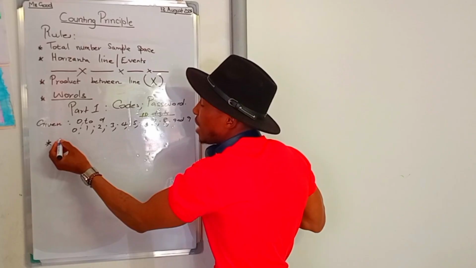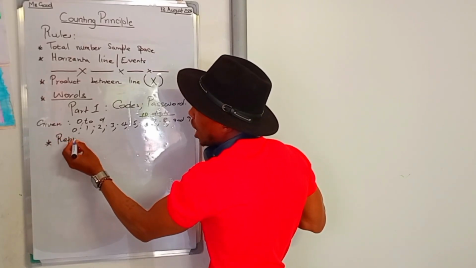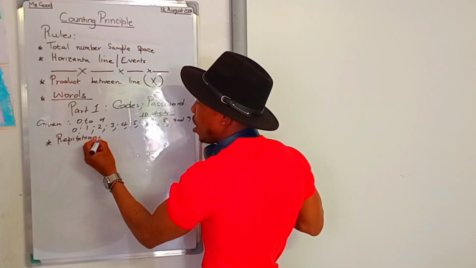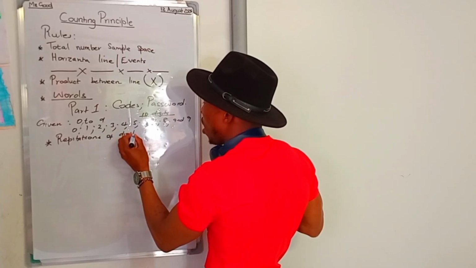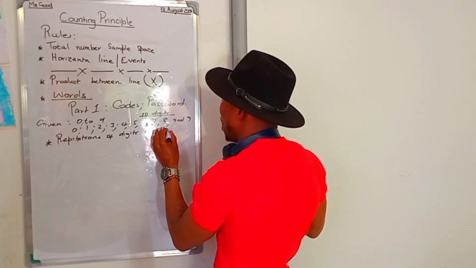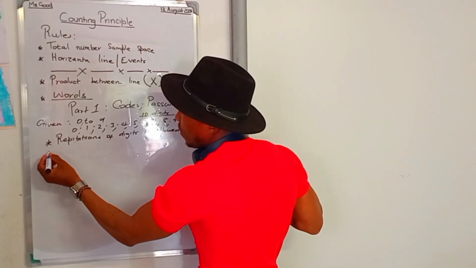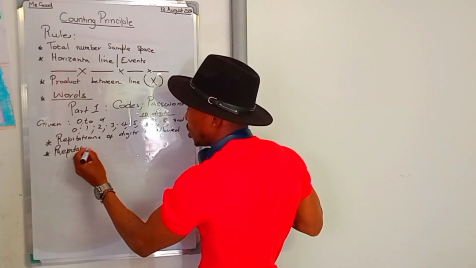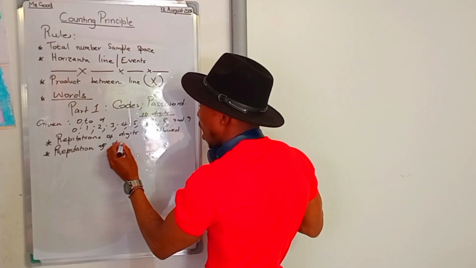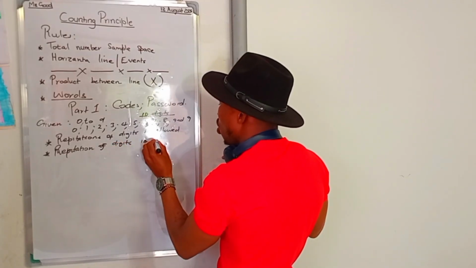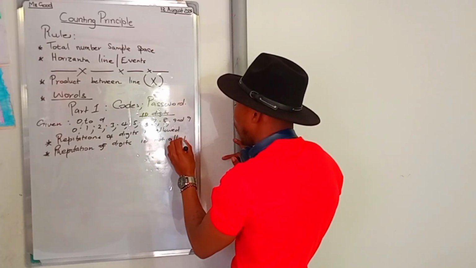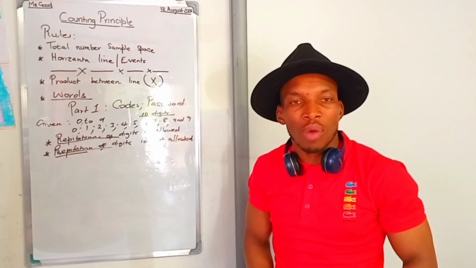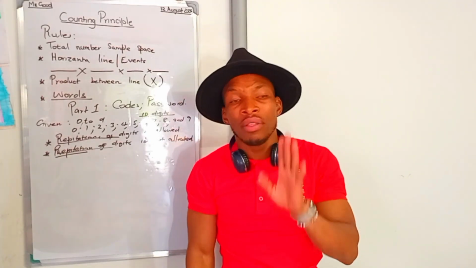They are saying that the repetition of digits is allowed, or the repetition of digits may not be allowed. We have repetition of digits allowed and repetition of digits not allowed. We have two ways that are very important on the fundamental counting principle.